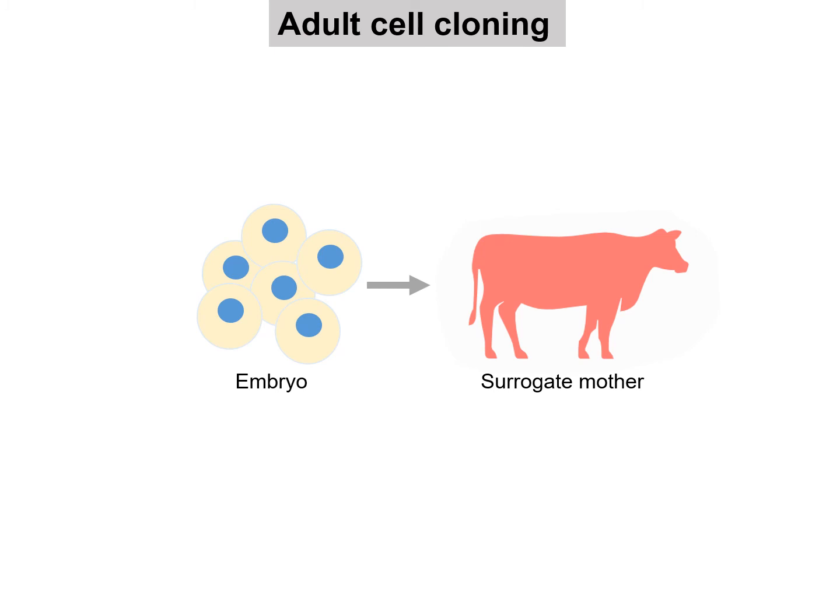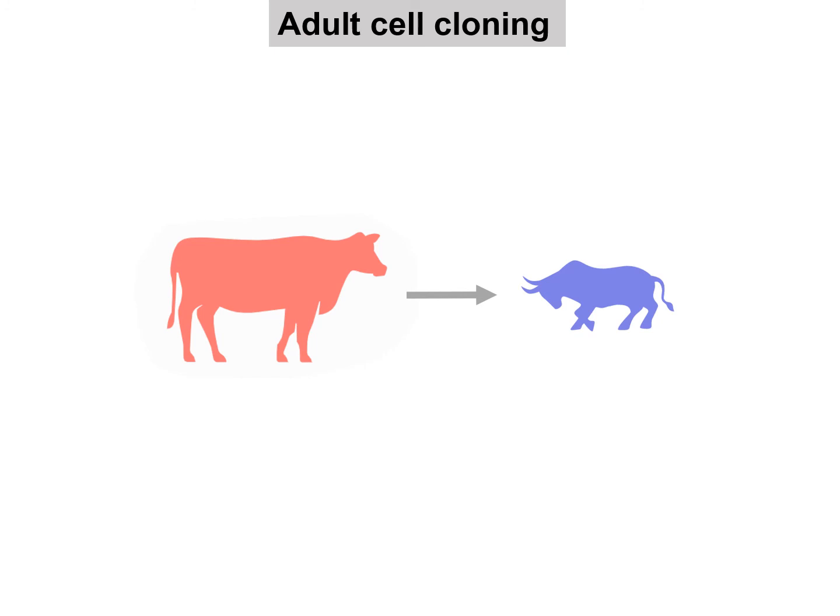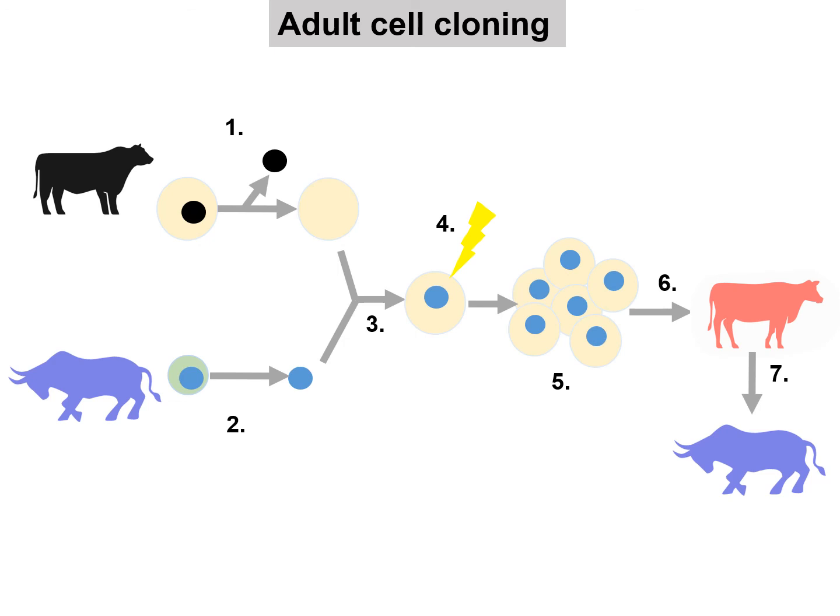At this stage, it is also possible to split the embryo, as was done in the previous procedure, and implant multiple embryos to clone on a larger scale. The surrogate mother will eventually give birth to an organism that is the clone of the original organism that supplied the nuclear DNA. This is an overview of the whole process.